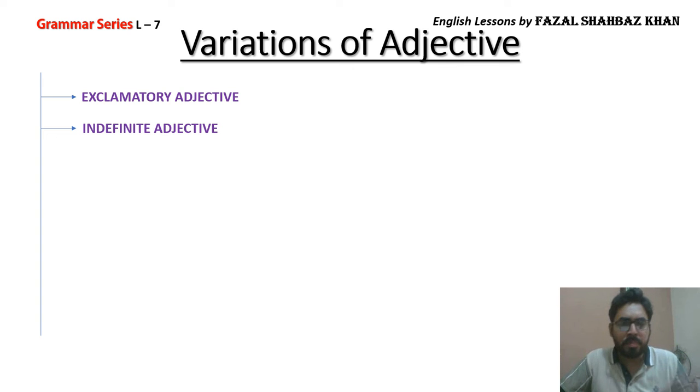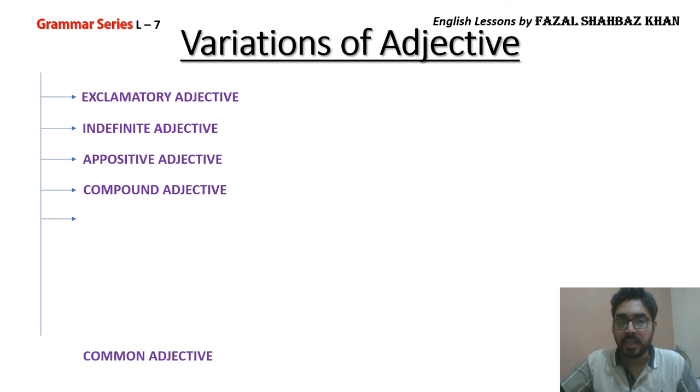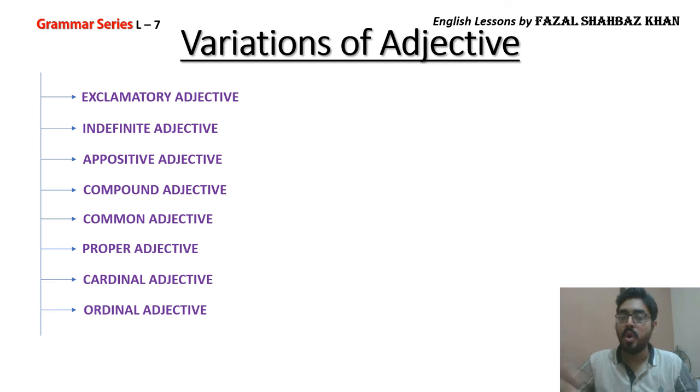There are plenty more names we may not be able to discuss here, but once you become a researcher yourself, you'll come to know plenty more constructed variations like that. The third is appositive adjective. Now that's one new thing to you. We'll discuss that. The next is compound adjective, and then we have common adjective, followed by proper one. Then the second last, cardinal adjective, and last but not the least, ordinal adjective.